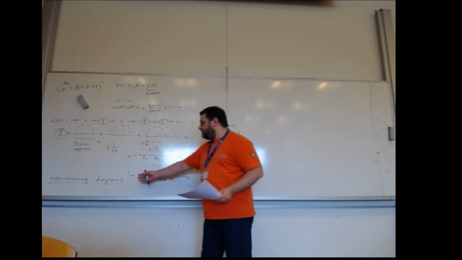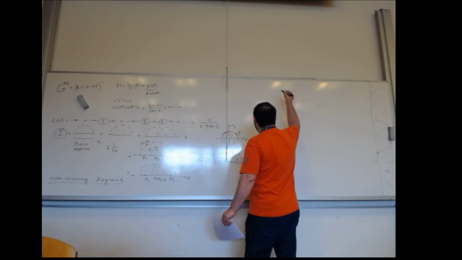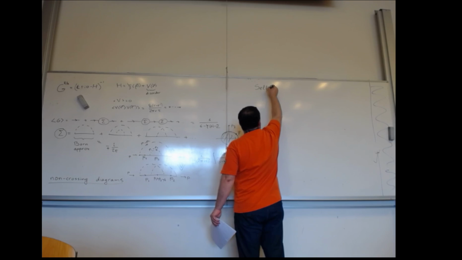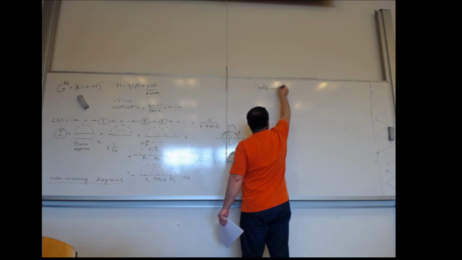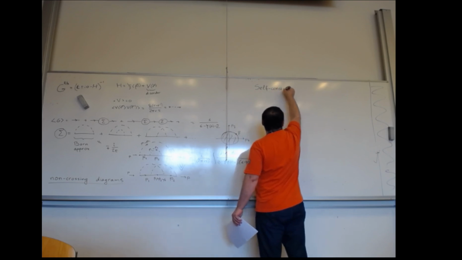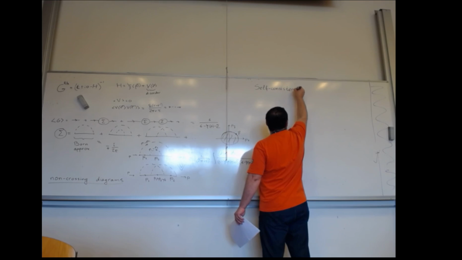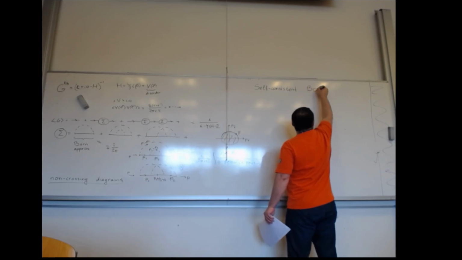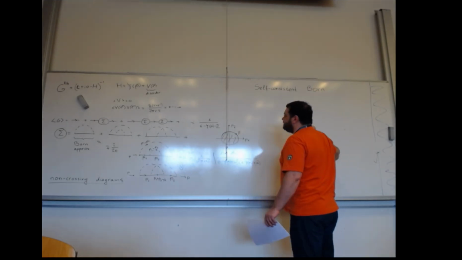The idea of summing these non-crossing diagrams has a name: it's called the self-consistent Born approximation.